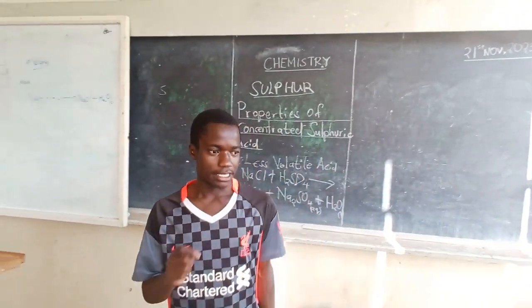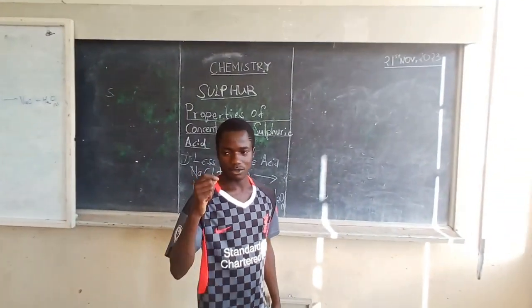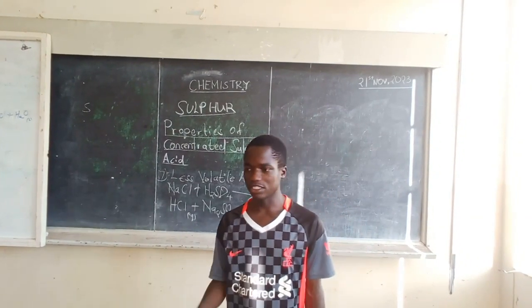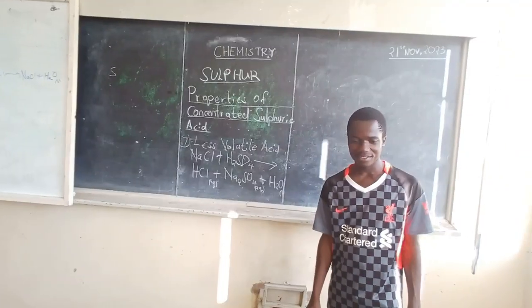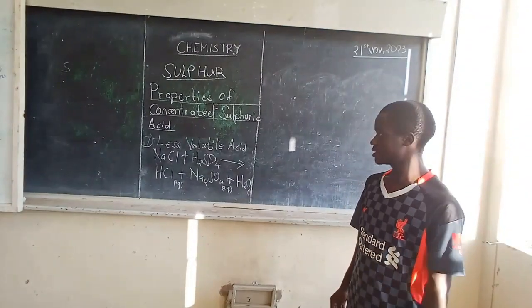Remember very well that dilute sulfuric acid cannot react with copper because copper is below hydrogen in the reactivity series. And with that, I wish to give you an assignment.